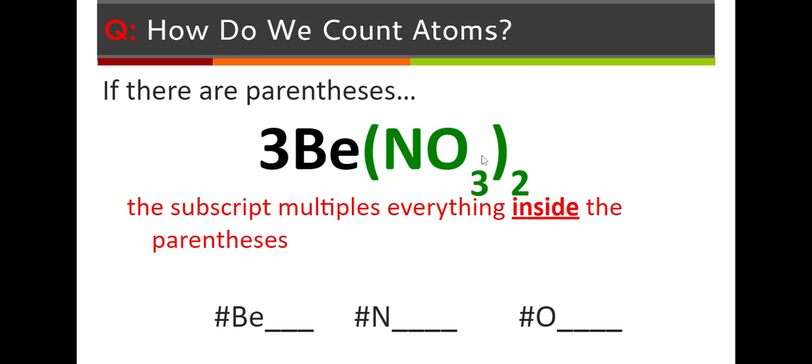So that means that I have 6 oxygen and 2 nitrogen. And then we take that subscript and we do the same thing. 3 beryllium atoms. And then that 3 is also going to spread into our parentheses. You're going to do 2 times 3, which is 6, and 6 times 3, which is 18. And that's our answer for the numbers down at the bottom.